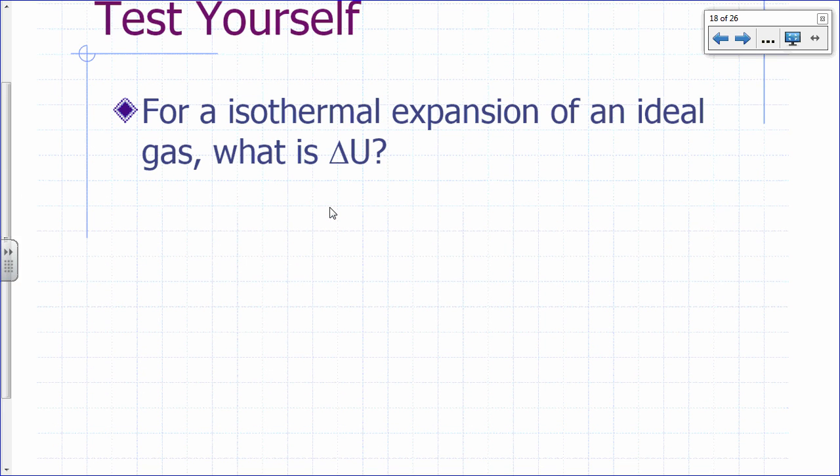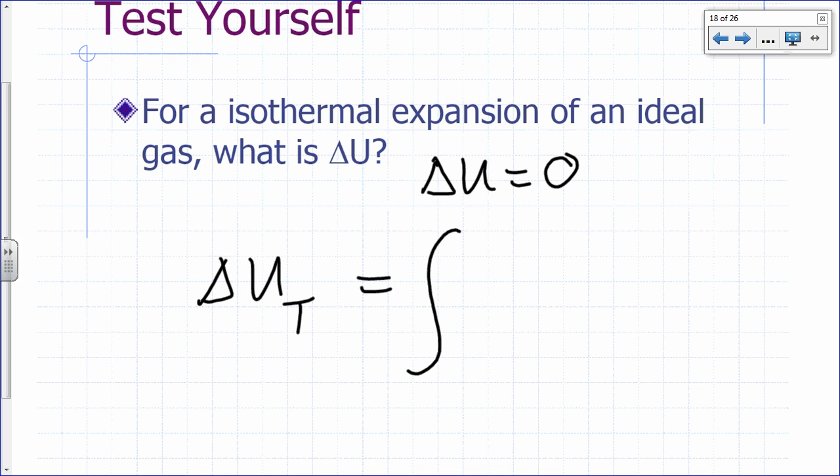So if I were to ask you for an isothermal expansion of an ideal gas, what's delta U? You should know the answer to this from before, but let's just review. We said before that that was going to be equal to 0. And the reason for that is, what integral would you have to write? Isothermal, so delta U at constant T is equal to the integral from V1 to V2, the changing volume, expansion, of what partial derivative?